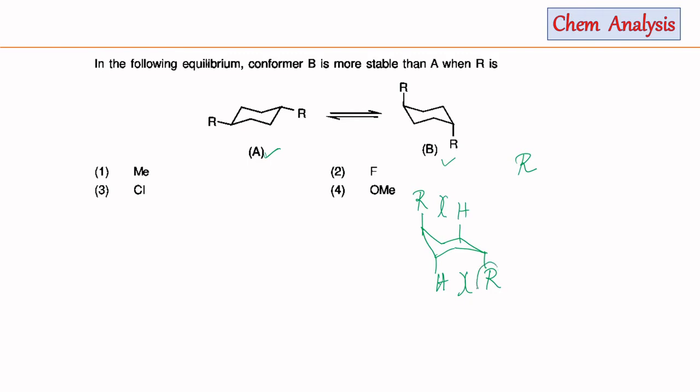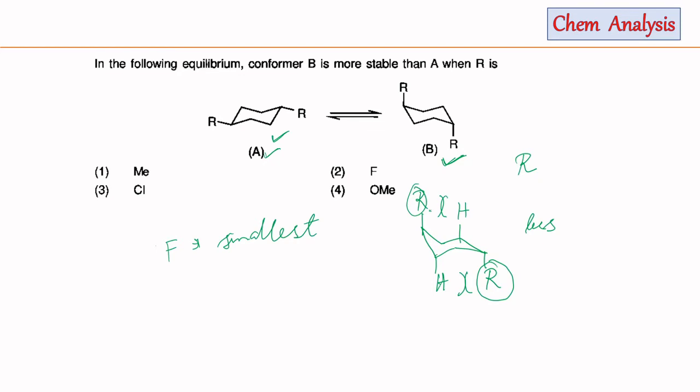With decreasing size of the R group, the 1,3-diaxial interaction will be less, and in that case the B conformer will be more stable than A. Now among the four given R groups, we can see that fluorine is the smallest in size.